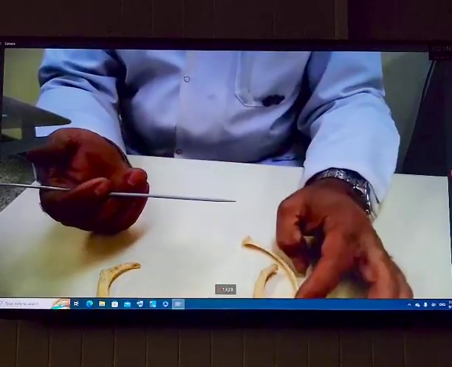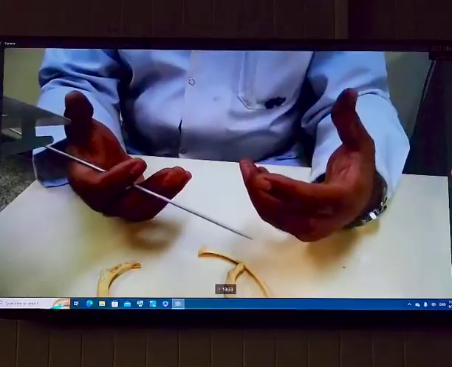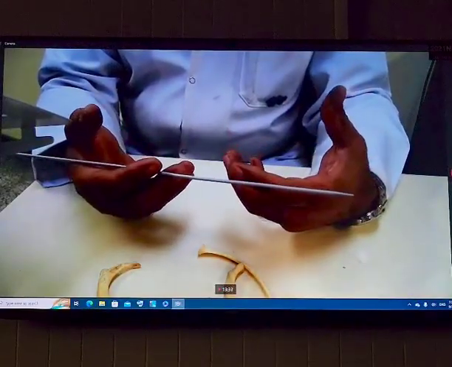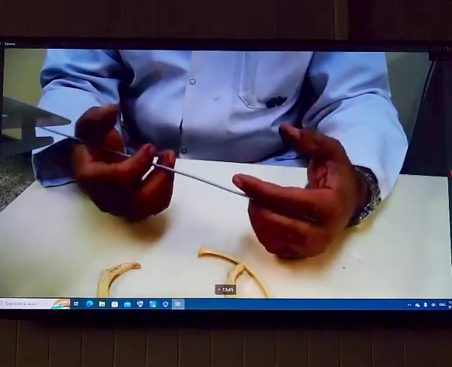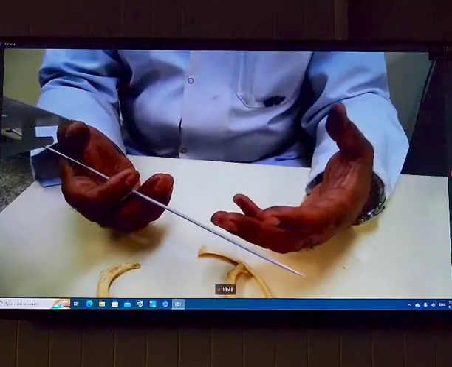So you can see that in the practical session, the knowledge is different from the theory. Here, you have to learn the skills to identify the ribs, while in the lecture, you have to have the knowledge of the criteria of the ribs.